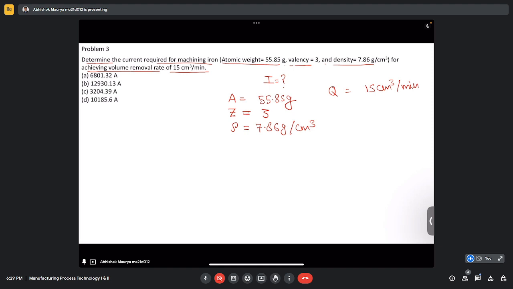So what is unknown? Current. And if you remember, what is the relationship between the volume removal rate and the given parameters?